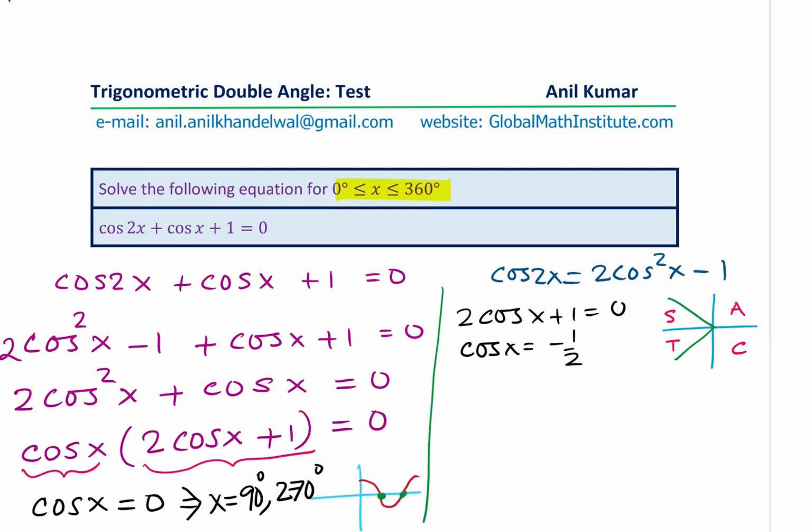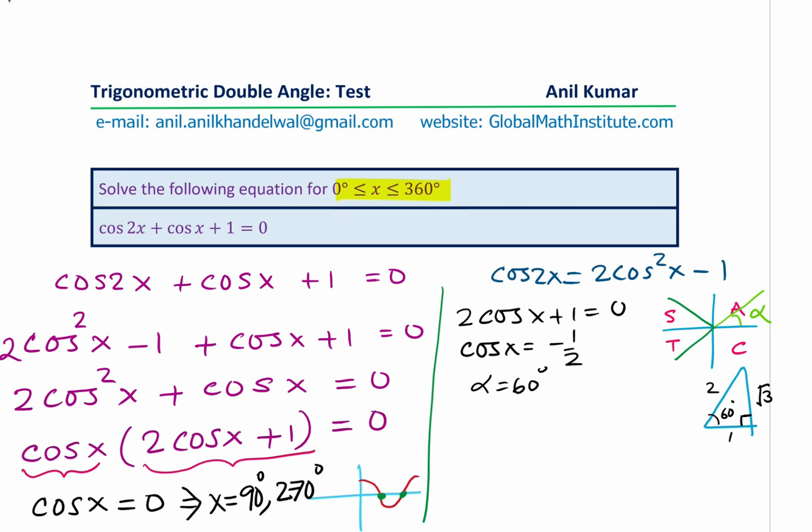So cosine is negative in these two quadrants. We can always find the related acute angle. So let's find alpha, the related acute angle. Now for half, you can actually use the right triangle also, for 60 degrees. So we know the acute angle alpha is equal to 60 degrees.